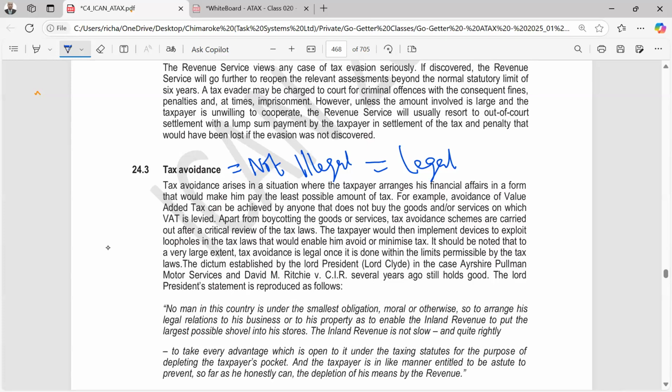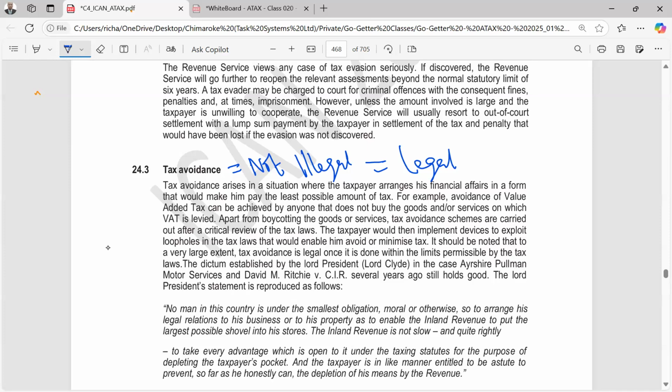Apart from boycotting goods and services, tax avoidance schemes are carried out after a critical review of the tax laws. So you see here that tax avoidance is you are avoiding to pay more taxes.